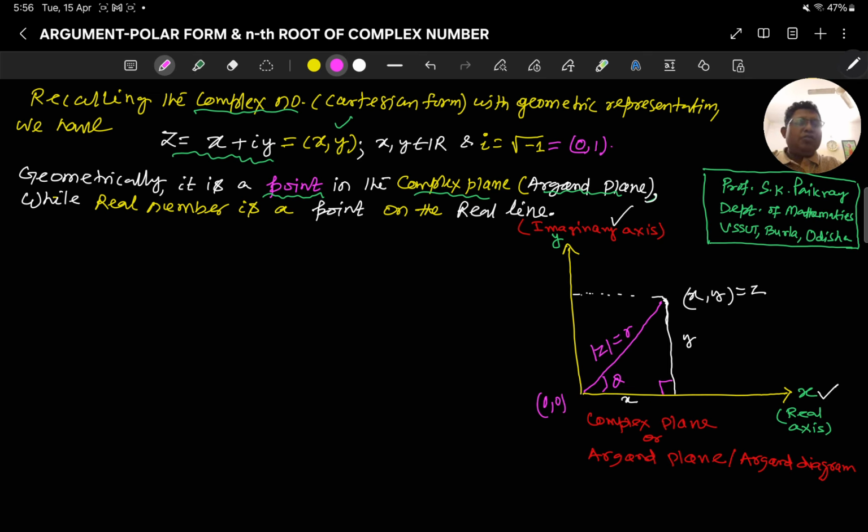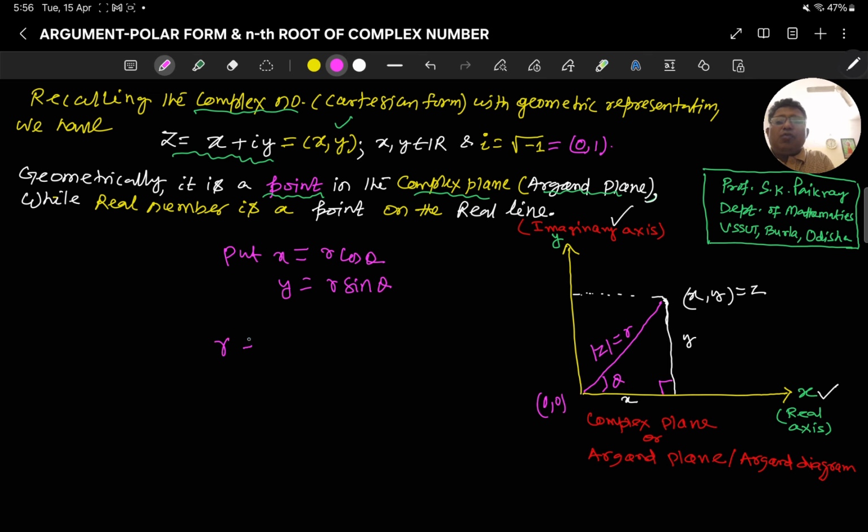Then it is easy to see from the geometry that x is equal to r cos theta and y is equal to r sin theta. So what is your r?